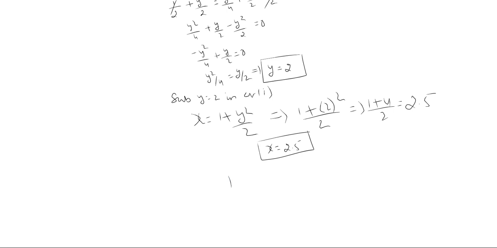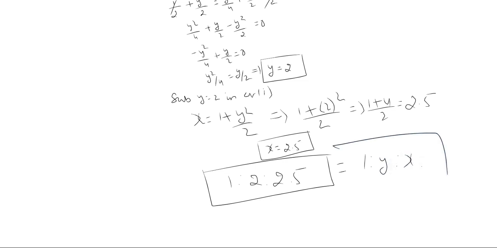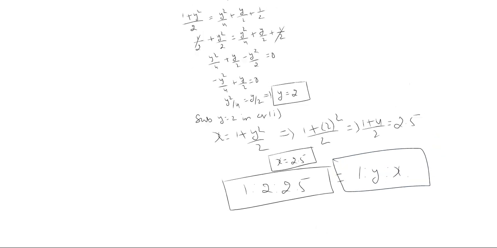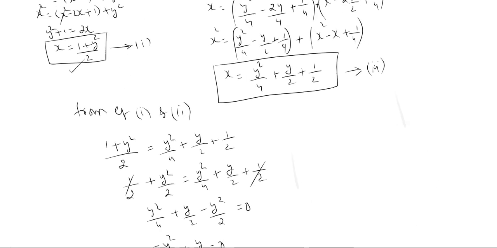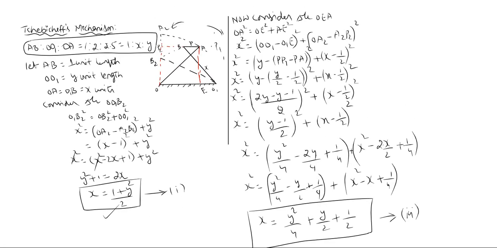So that 1 is to 2 is to 2.5 should be equals to 1 is to y is to x. So finally this is what we have to prove. So if you see the diagram, the value of y is nothing but O1.